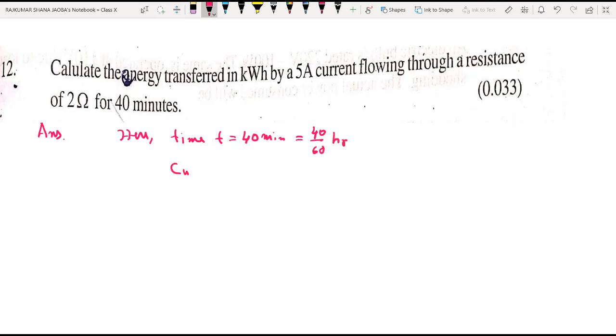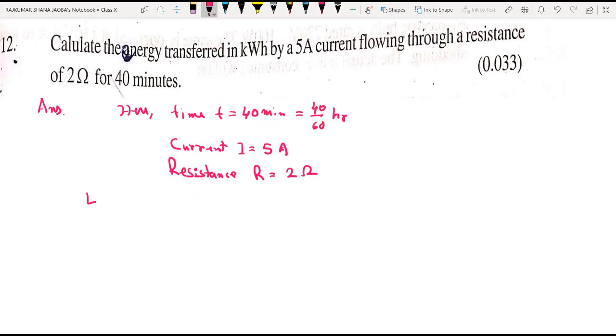Current I equal to 5 ampere. Resistance R is equal to 2 ohms.